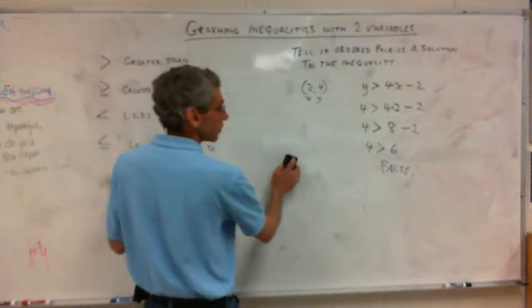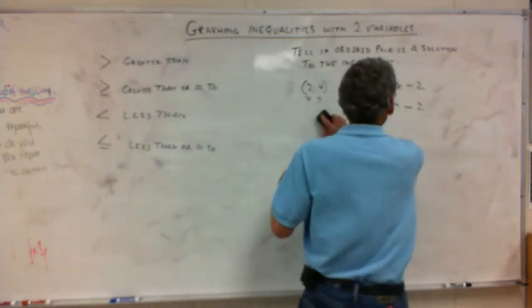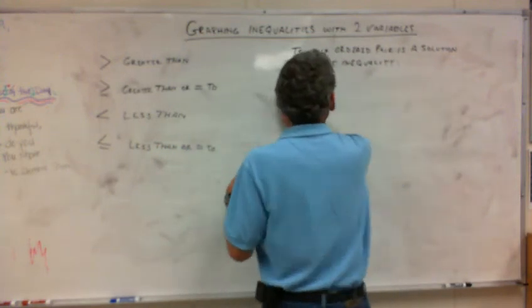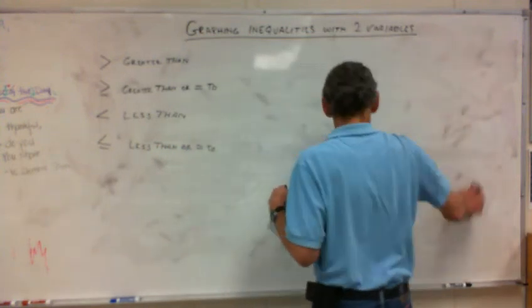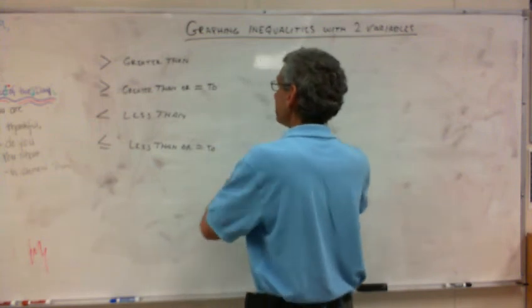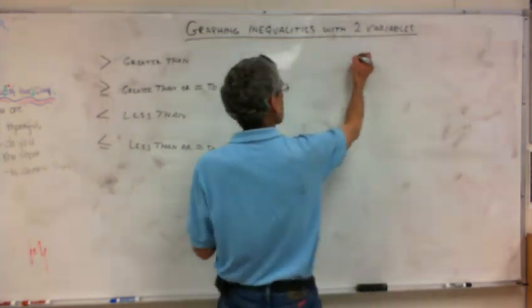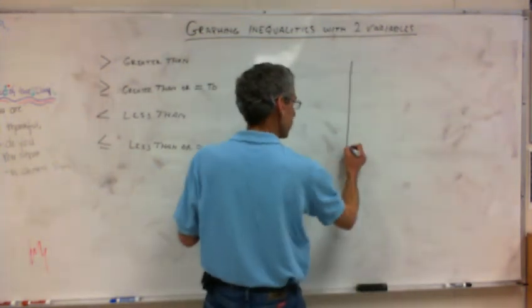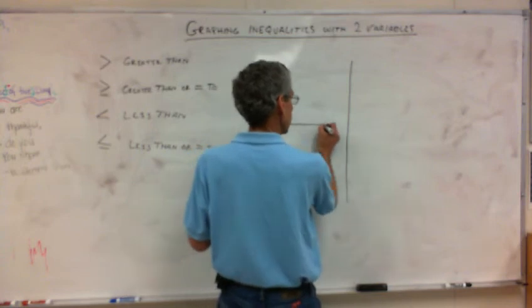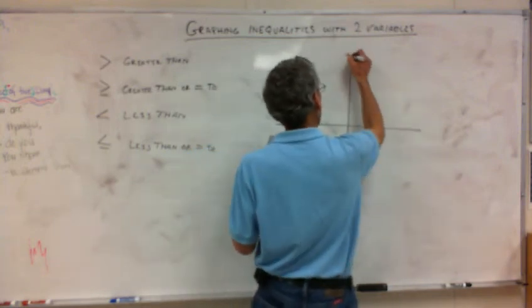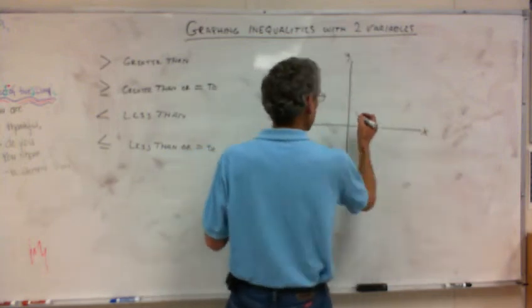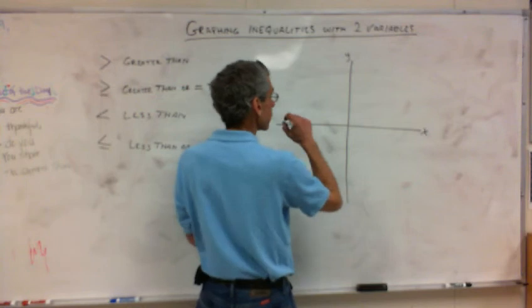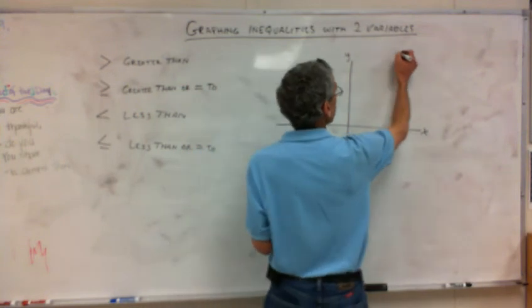Now I'm going to talk about graphing these, right? So if you're asked to graph these, let's say here's my graph. This is my y-axis, this is my x-axis, and I have this equation.